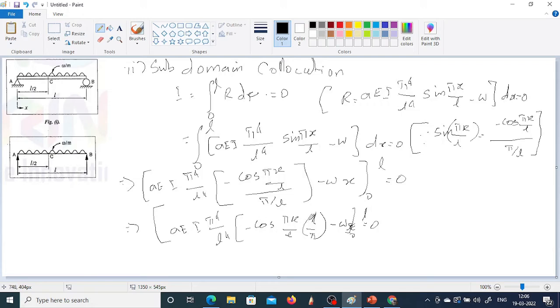I can cancel the L power 4 here, L cube, pi here available, pi here cancel, pi cube, so that this equation can be written as AEI, after that pi cube divided by L cube of minus cos pi x by L, cos pi x by L minus wx is equal to 0.